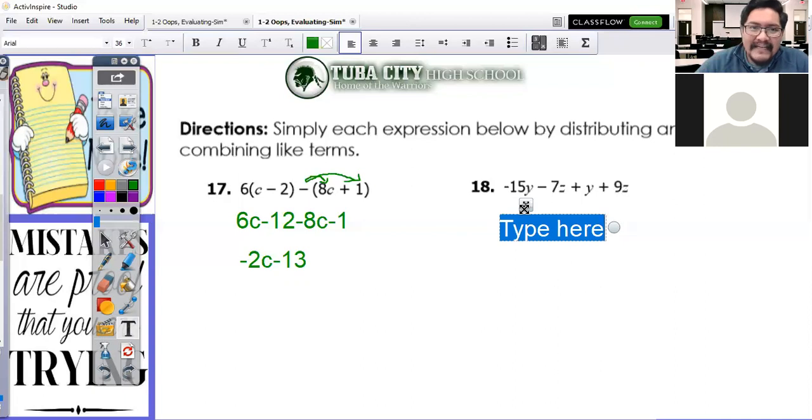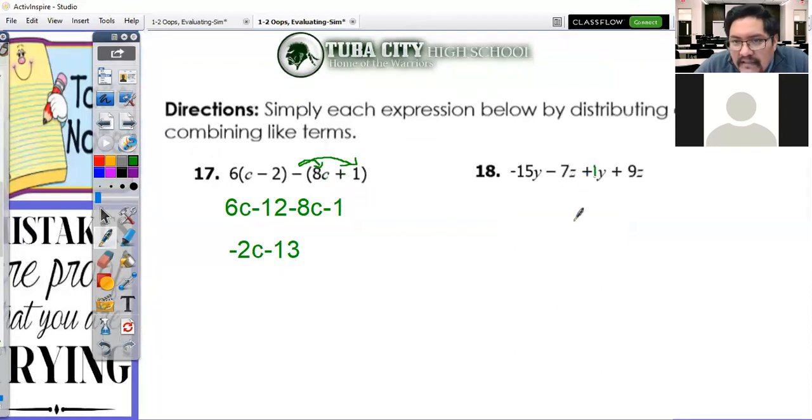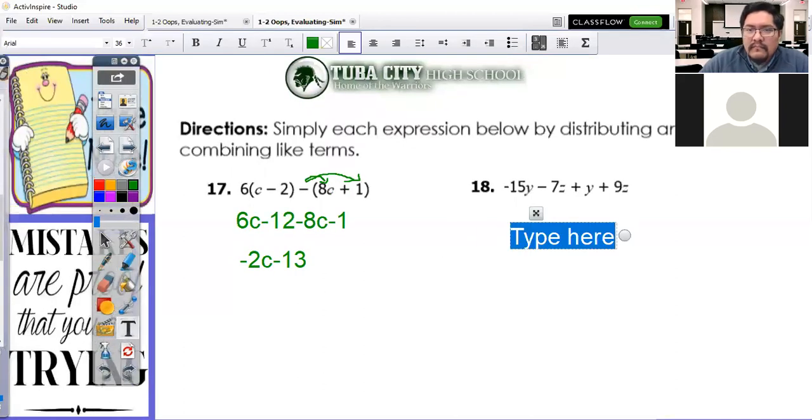So we have -15. And here's another thing that's kind of tricky: if you see a variable by itself, it means one of that variable. So in this case, I have -15 plus 1y, so that would be -14y. Because again, that's plus 1y. Okay, now I have -7z and add 9z.